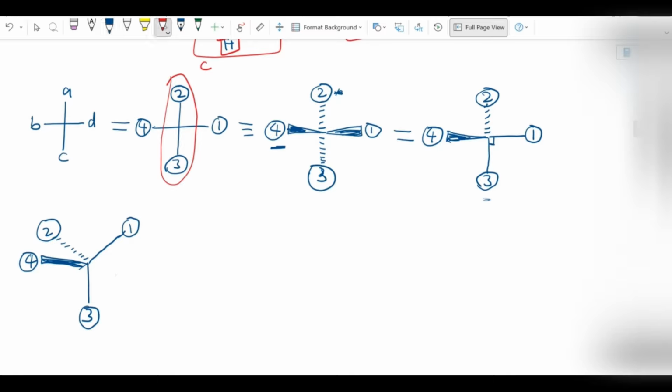Now, because group 4 is on a wedge bond, I can ignore group 4, draw an arrow connecting groups 1, 2, and 3, and whatever direction that gives me, I will invert the configuration. You should only invert the configuration whenever group 4 is on a wedge bond. So the direction of this arrow is counterclockwise.